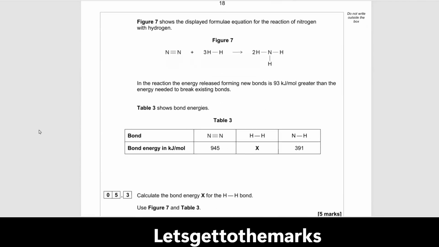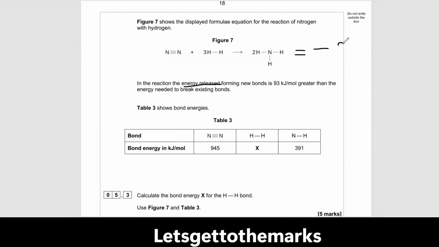Figure 7 shows the displayed formula equation for the reaction of nitrogen with hydrogen. We've got nitrogen, we've got hydrogen, we've got ammonia. In the reaction, the energy released forming new bonds is 93 kilojoules greater than the energy needed to break existing bonds. What this is telling me is that overall, 93 kilojoules of energy is released.